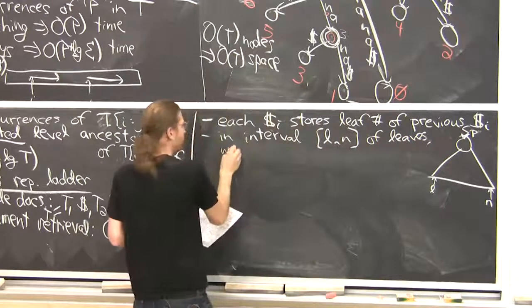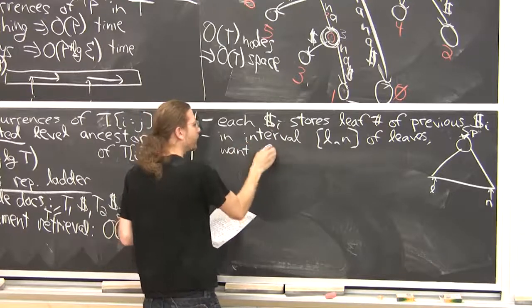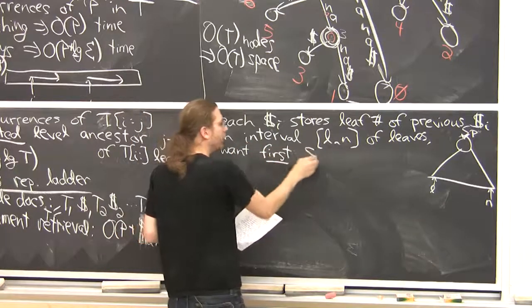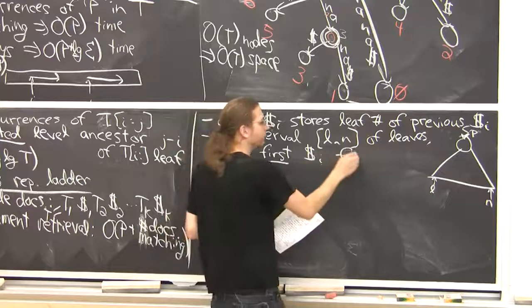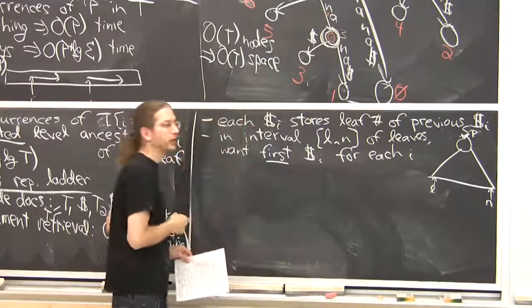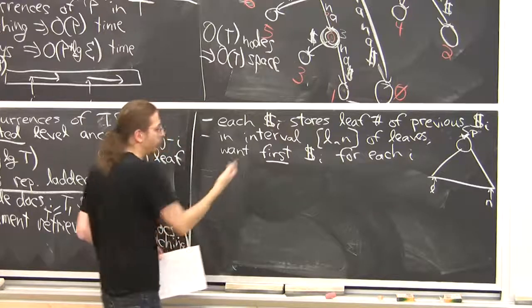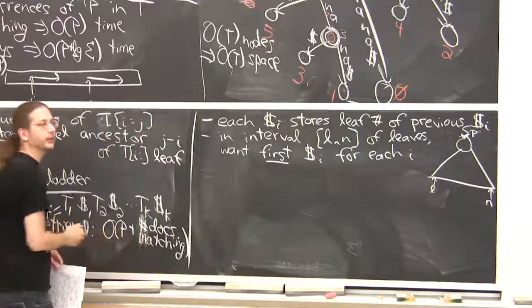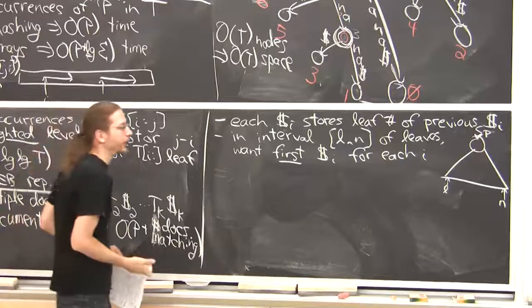What we do is find the first occurrence of $i for each i. If I could just find the first occurrence of $i for each i, then I only have to pay order the number of distinct documents. I won't have to pay for every match within the document.